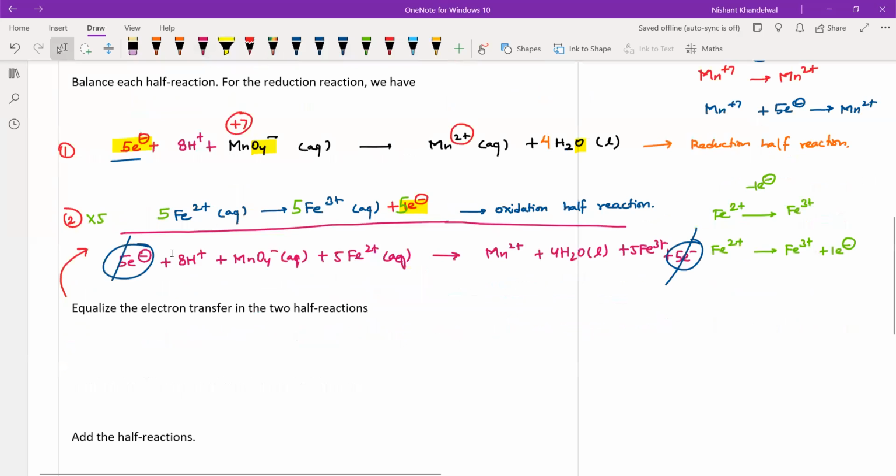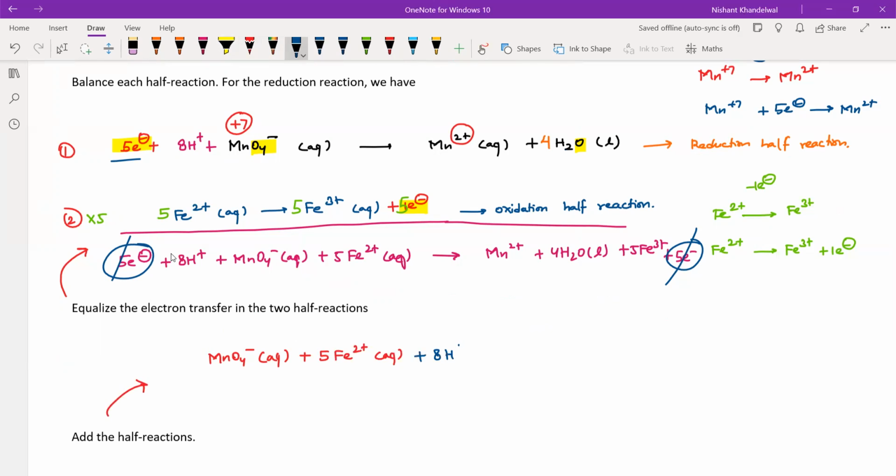And now what we have to do is write it completely: MnO4 minus, plus 5 Fe2 plus, plus 8H plus, giving Mn2 plus aqueous, plus 5 Fe3 plus, plus 4H2O.